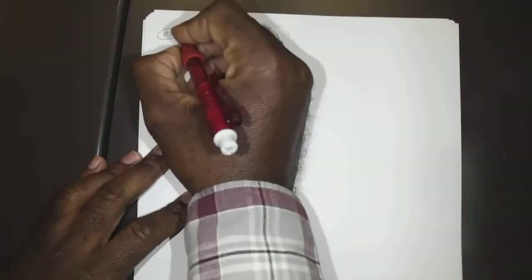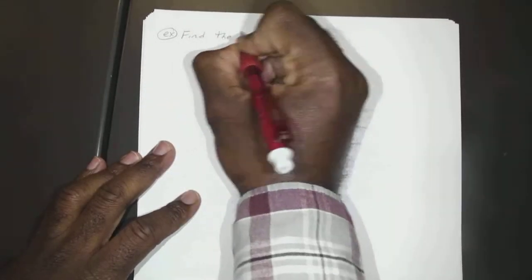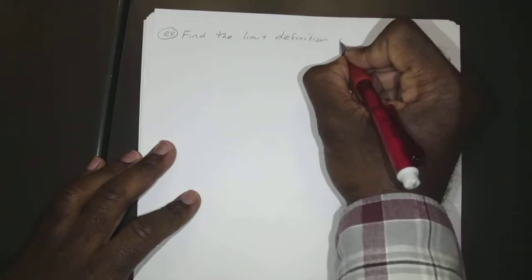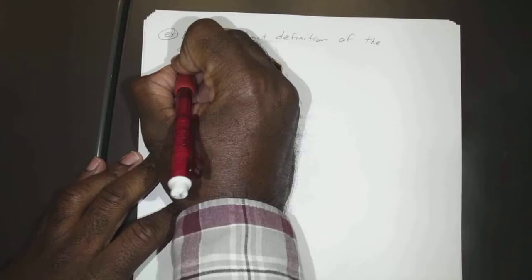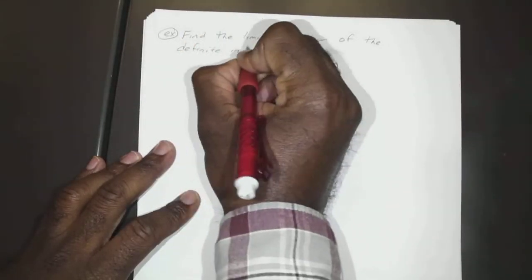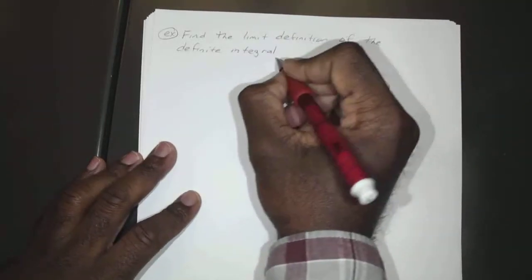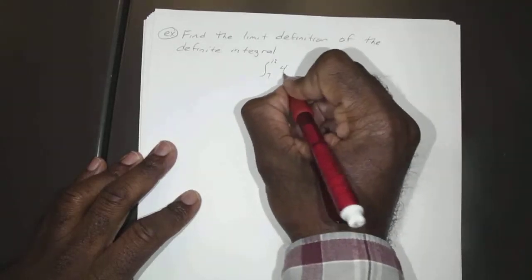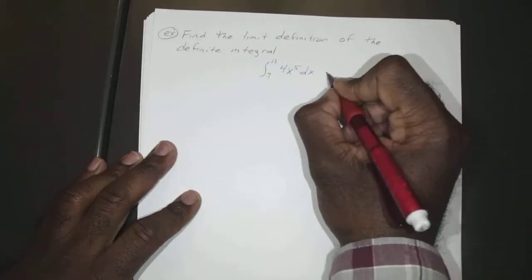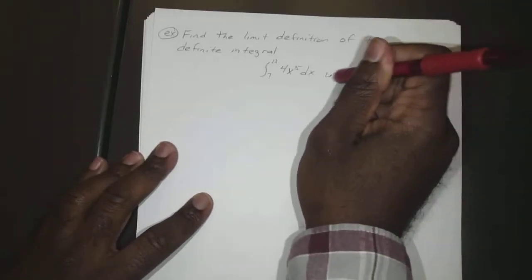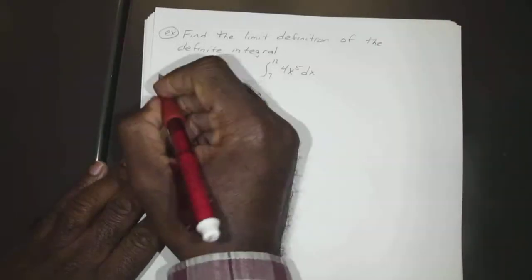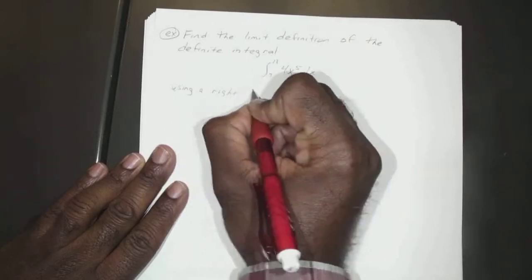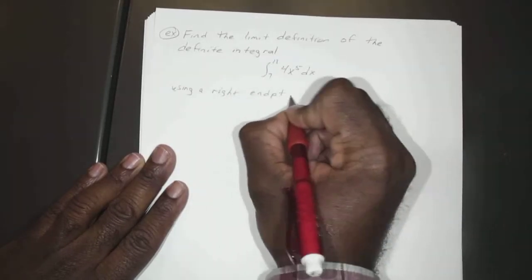For this one, you just want to find the limit definition of the definite integral from 7 to 13 of 4x to the 5th with respect to x, using a right endpoint Riemann sum.